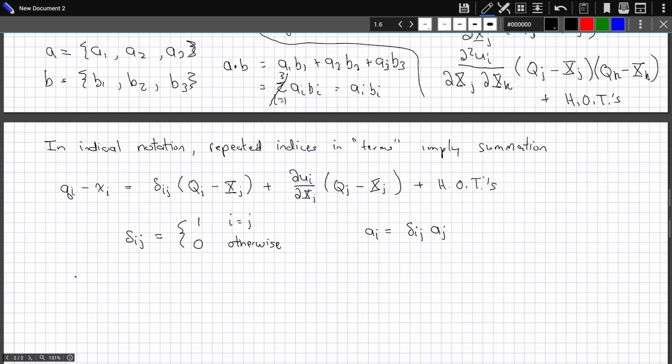So I'm going to write Qi minus Xi is equal to the Kronecker delta plus partial Ui partial Xj, times Qj minus Xj. Sorry, I keep hitting the erase button.